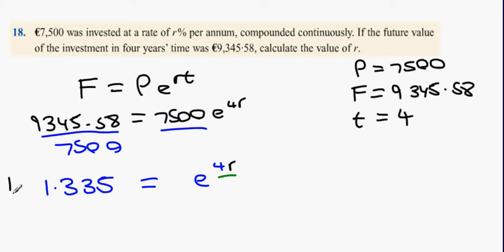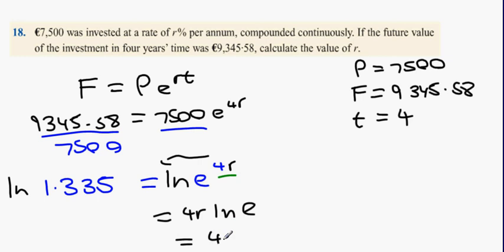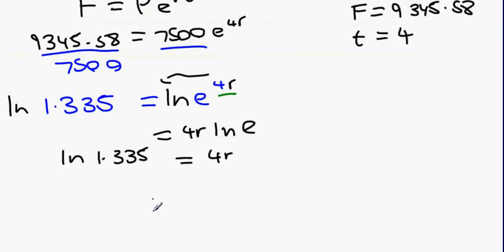So what we're going to get is ln of both sides. And then we're going to use the power rule. So that's going to be 4r ln e. And ln e is 1, so 4r equals ln 1.335. And then r equals ln 1.335 all divided by 4.